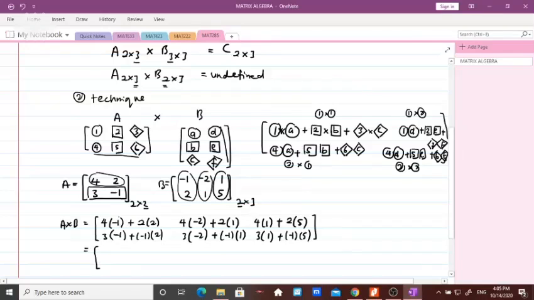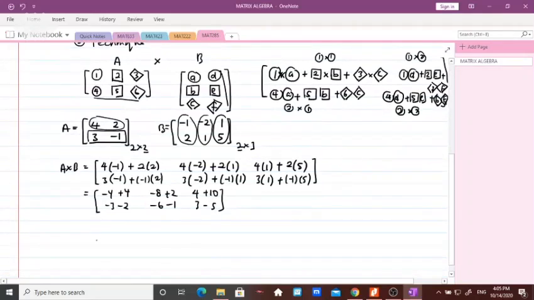we have to calculate all the multiplications. So we have -4 plus 4, -3 minus 2, -8 plus 2, -6 minus 1, 4 plus 10, 3 minus 5.